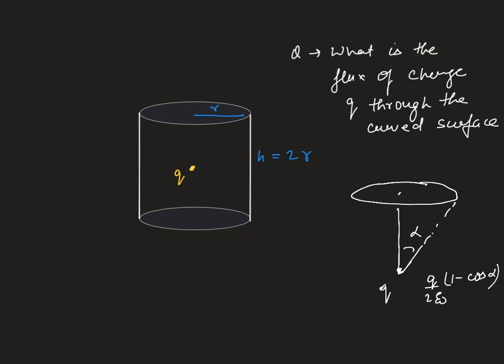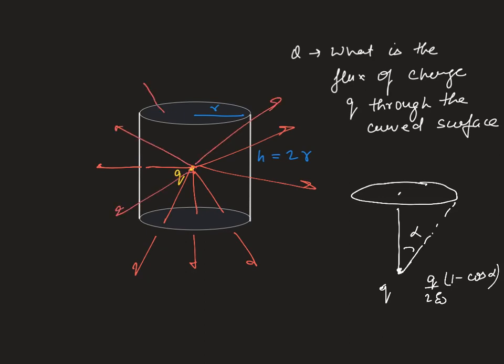Now this charge q has all kinds of field lines. Some field lines are coming out of the circular surfaces, some are coming out of the cylindrical curved surface, and some out of the circular surface on the top.